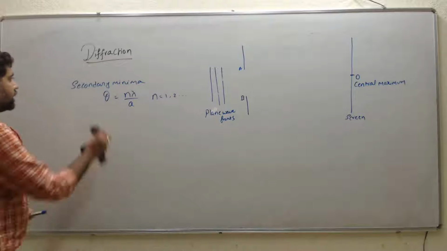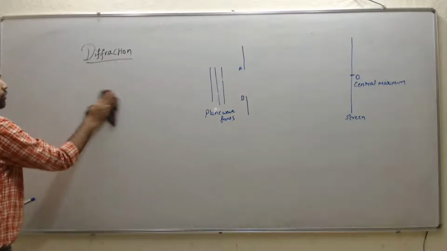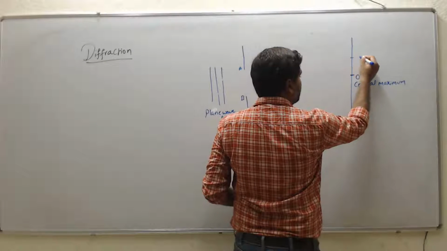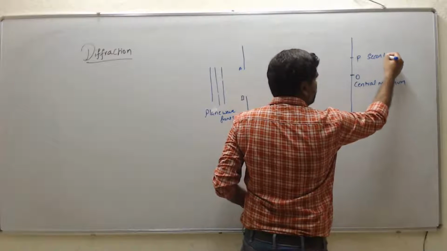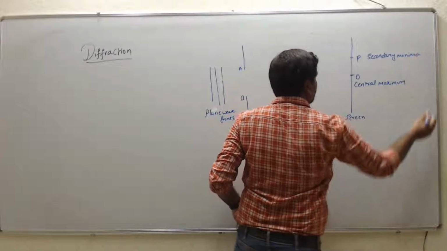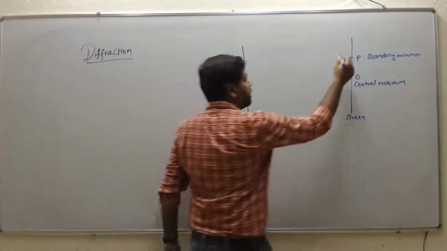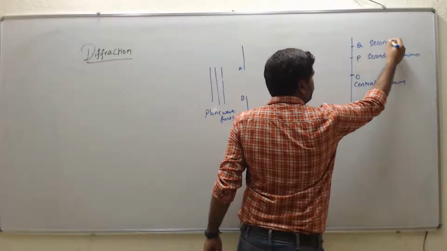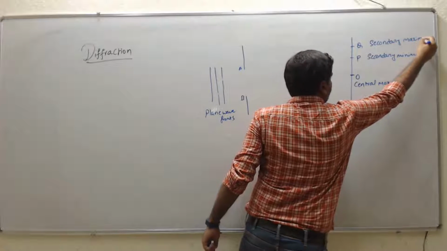Now we are going to study the secondary maximum. In the last class we took the point P as the secondary minimum. Now we take one point Q on the screen, which is the secondary maximum.